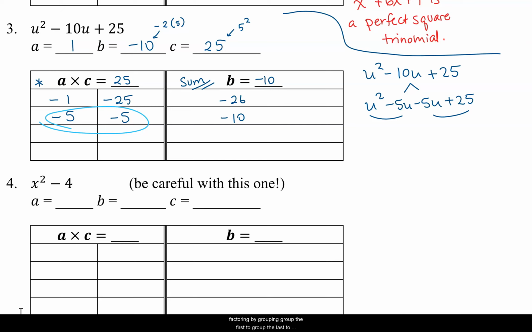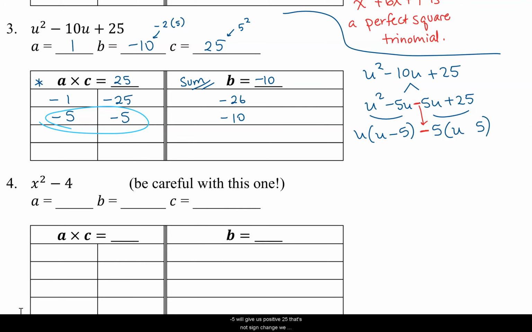First group has a u in common, so we'll pull that out. U times u is u squared. U times negative 5 is negative 5u. Middle sign here, bring it down. If you always bring the middle sign down in factoring by grouping, if the 4-term polynomial is factorable, this will work out to your advantage. And then we look, 5u and 25 have a 5 in common. So negative 5 times u is negative 5u.